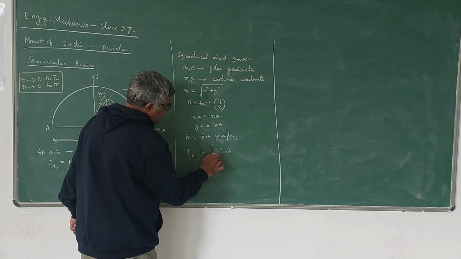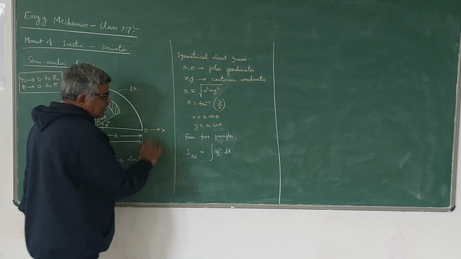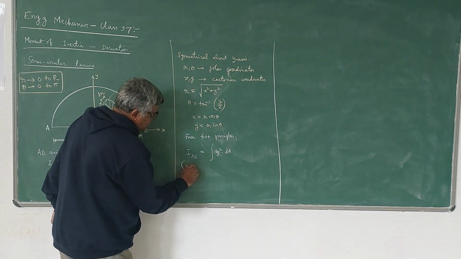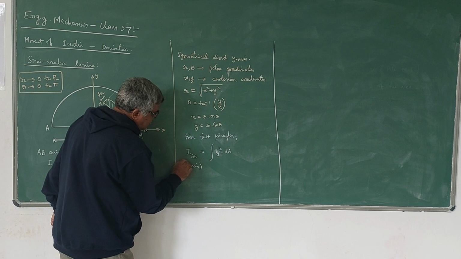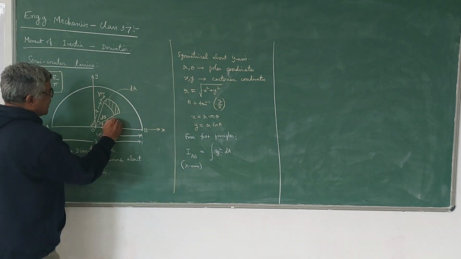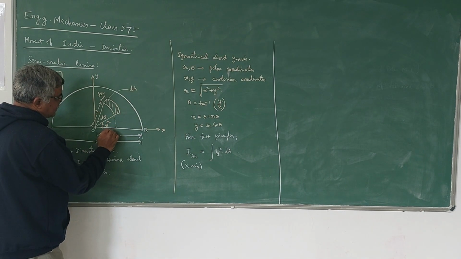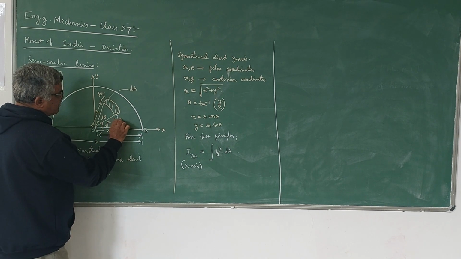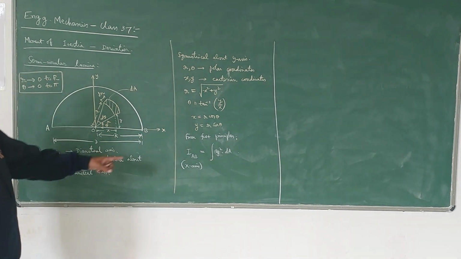Sorry, integral of y squared dA, because this IAB itself is your x-axis. The distance from the x-axis we have to take as y here. This becomes x and this becomes y. This is from the definition.